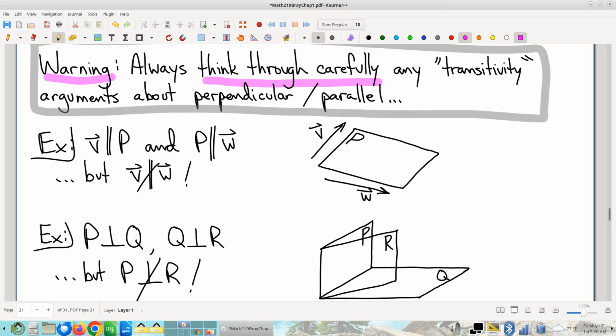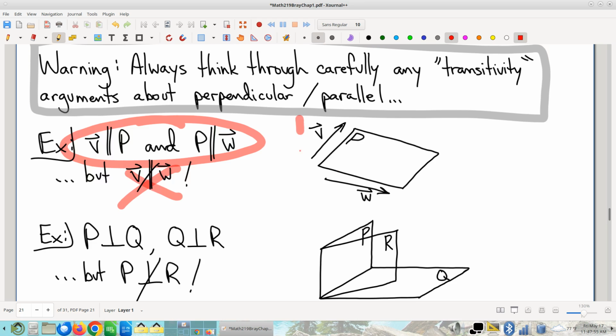I want to emphasize, I'm not warning you against making these kinds of transitivity arguments. You kind of have to, right? It's part of the geometry that we're going to need to be able to connect the dots. But please do always be careful, because things that look like they ought to be true very often just straight up aren't. And so a couple of examples here. If a vector is parallel to a plane, and that plane is parallel to another vector, it kind of feels like those vectors ought to have to be parallel, but nope, they're not. Case in point right here.